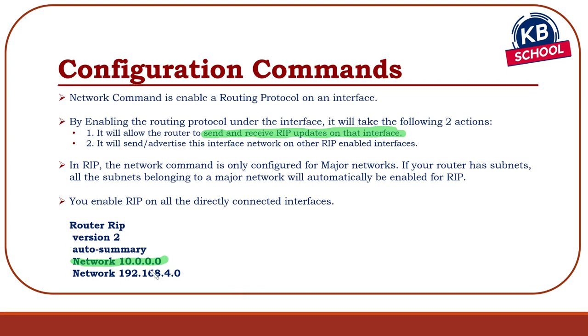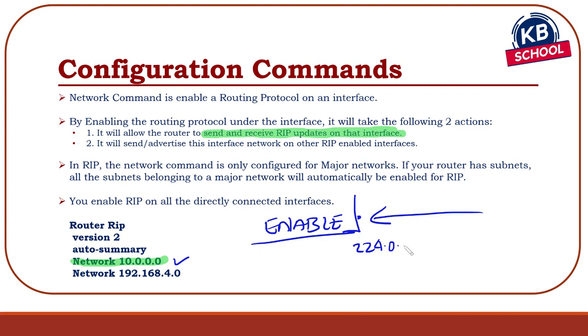So when you configure the network statement, you're basically specifying that on that particular interface that belongs to network 10, I'm enabling RIP, the service or the protocol. By enabling it, I'm allowing RIP updates to come into that interface, because that's to-the-box traffic, basically to 224.0.0.9, which is the multicast address for RIP.